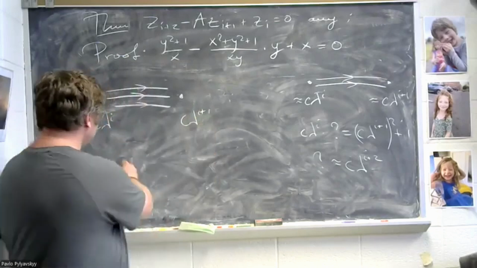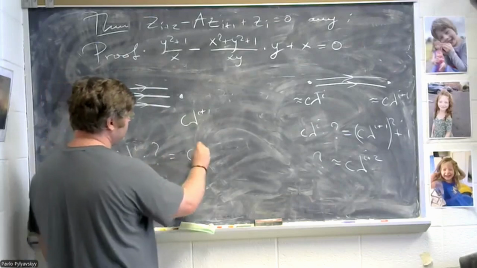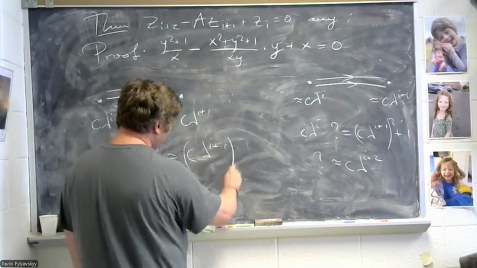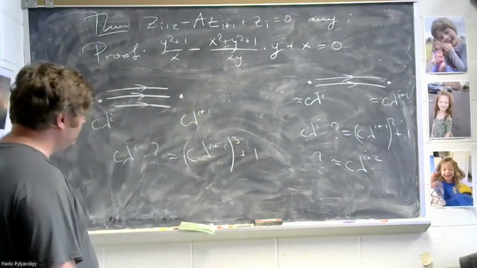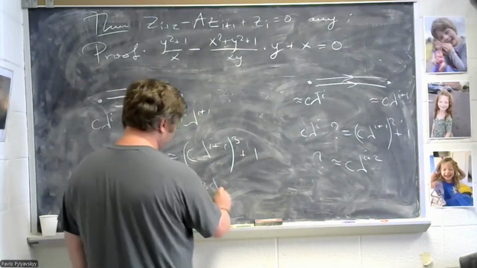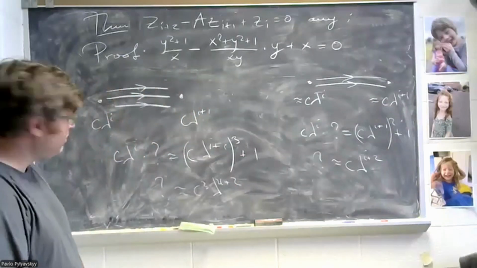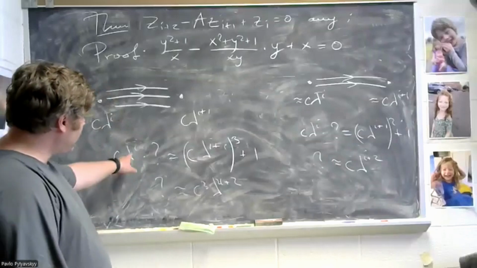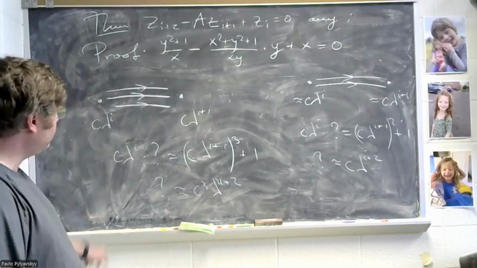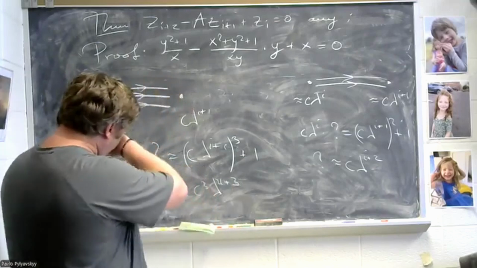But then the recursion would look like c times lambda to the i times question mark is approximately equal to c times lambda to the i plus 1, cubed, plus 1, which would make the question mark approximately c squared times lambda to the 2i plus 2, which is too big. It's not lambda to the i plus 2, or whatever it's supposed to be.